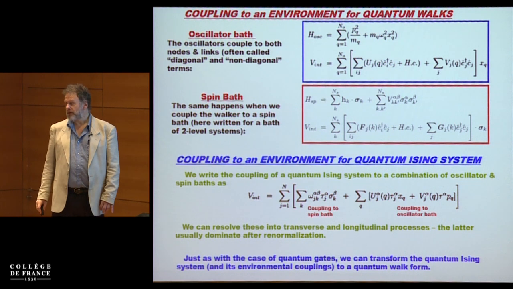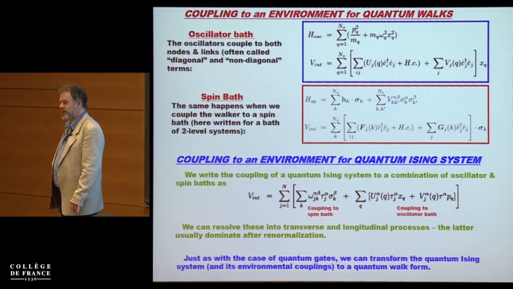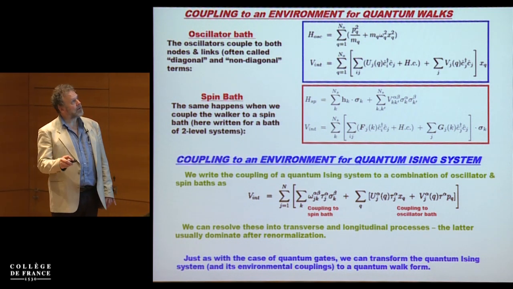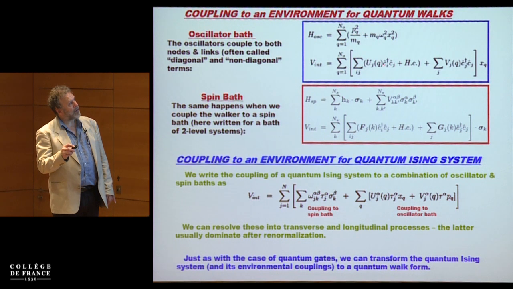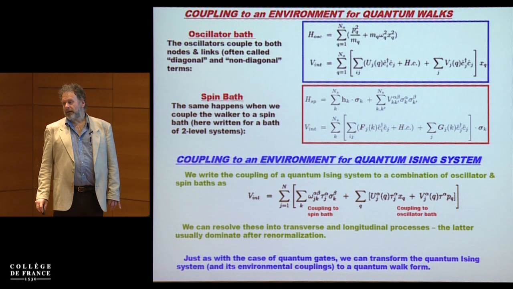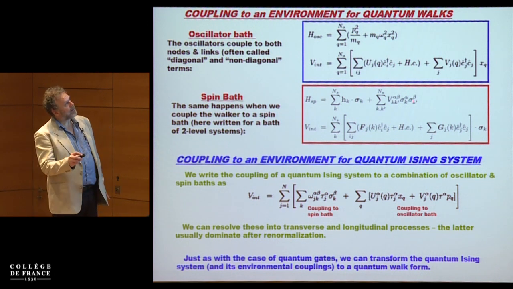So this could be photons or phonons or spinons or holons or any number of other bosonic excitations which are delocalized. And then you will have either a diagonal coupling in which the interaction between the boson and the particle only happens when it's on a particular site, or a non-diagonal one in which it happens when it's hopping.